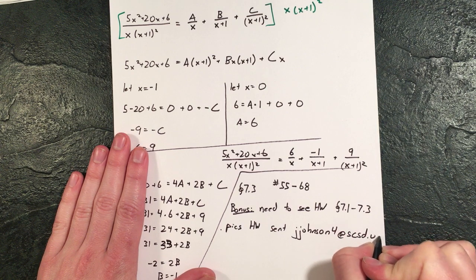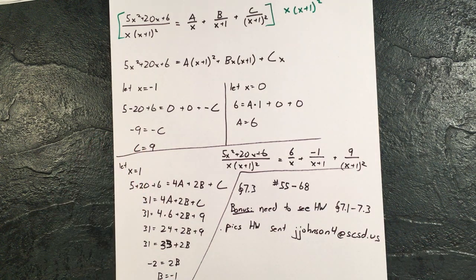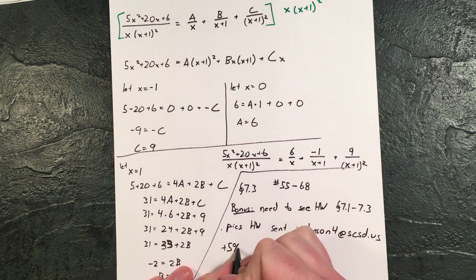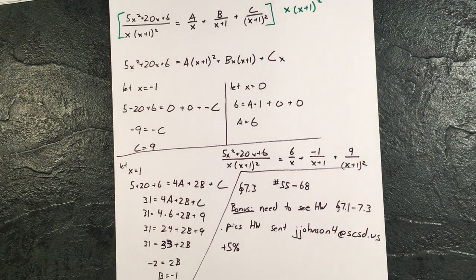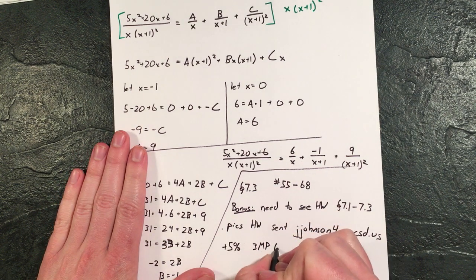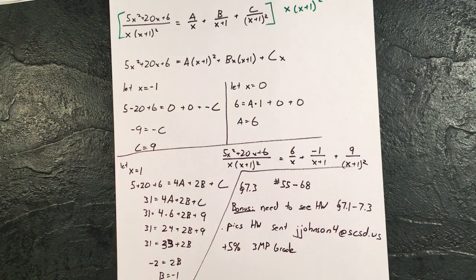So that's jjohnson4 at SyracuseCitySchoolDistrict.us. So if you get all of these done, I will give you 5% on that third marking period grade. But I need that other homework done as well, since that is still work that you need to have completed.